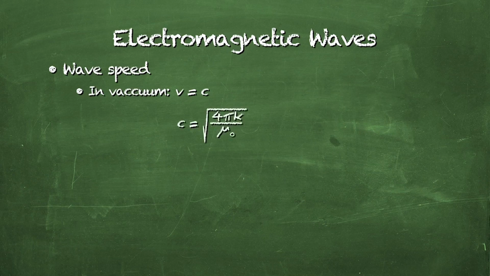C is equal to the square root of 4 times pi times our electric constant K divided by our magnetic constant mu naught. Let's see what that works out to be.